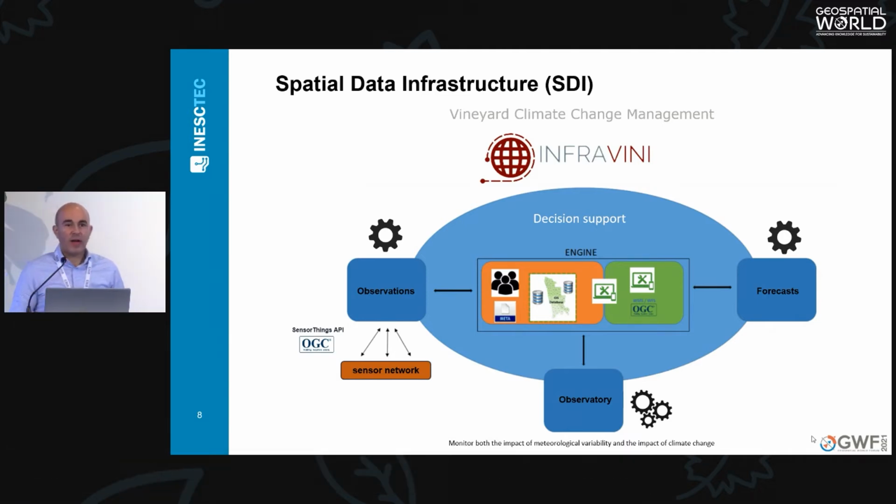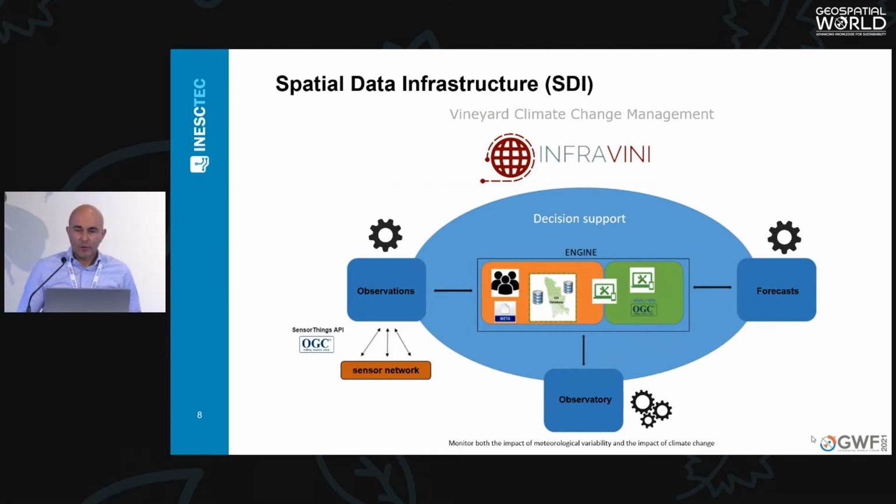But we added some new modules to support these new initiatives. One of them was the observations model. This observations model enables us to collect the data from the sensor network in real time, the sensors that were put in the field. And we also added a climate forecasts module.